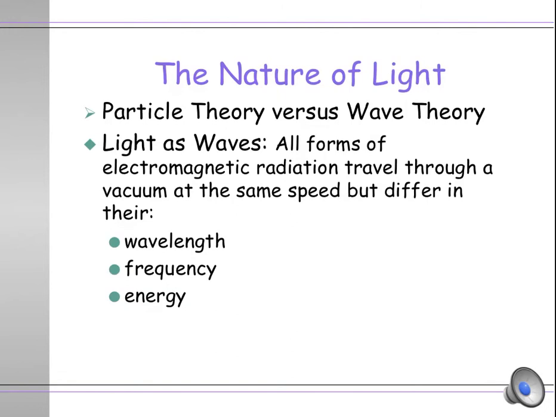First, let's understand that the electron was believed to have a property called wave-particle duality. So there's a particle theory of the electron as well as a wave theory of the electron. When an electron acts like a particle or matter, it is considered the particle theory of the atom.